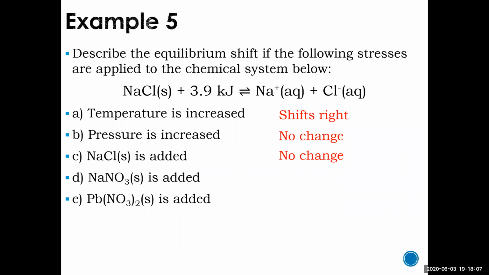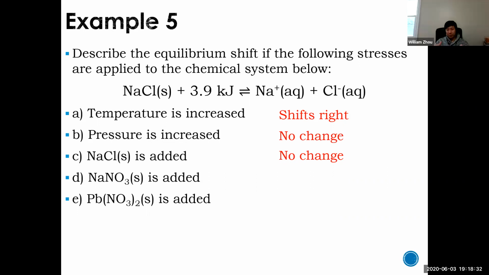So I think that is going to shift, like preferred more to the products. You think about what you're saying. You're saying that you dissolve this, you will make more sodium ions, so you increase the amount of sodium ions, and this favors more production of sodium ions. You see the conflict here?